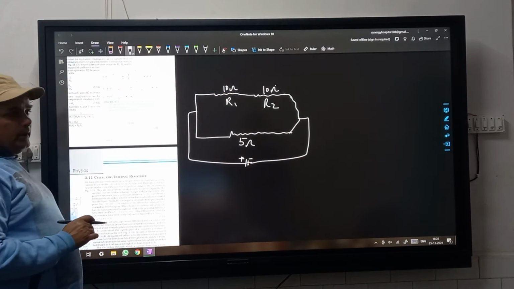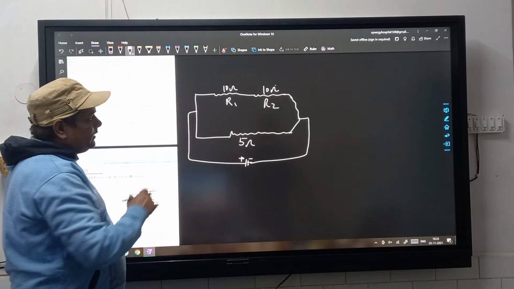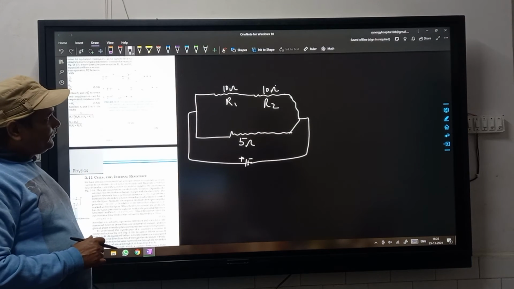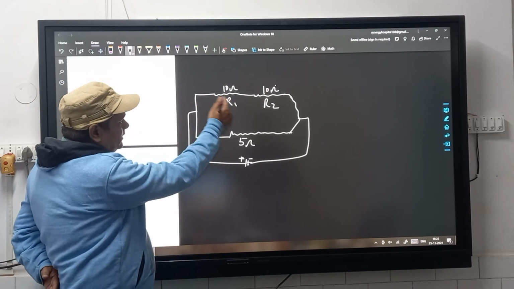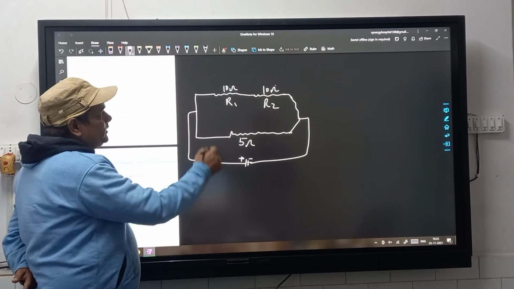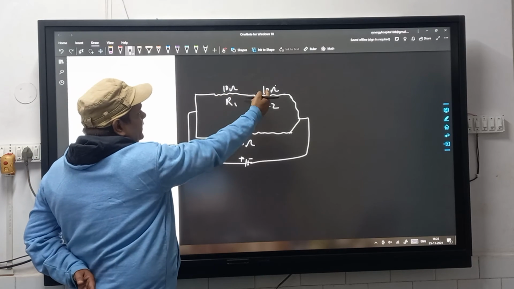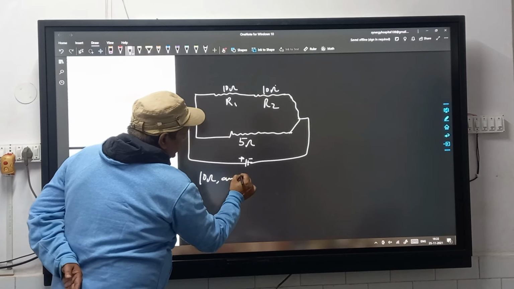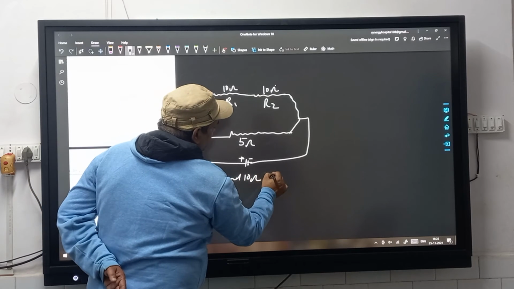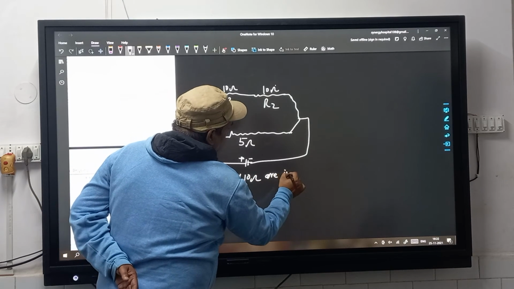What is the equivalent resistance of this circuit? First we see 10 ohm and 10 ohm are in series.